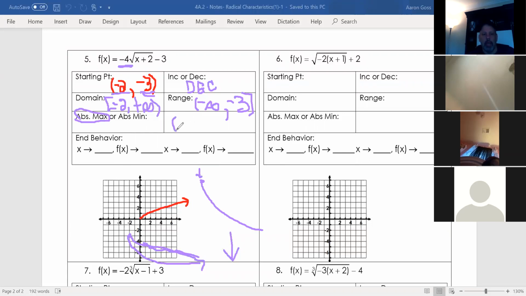I use that point again, -2, -3. So that's the absolute maximum, the top of the graph in purple. So I use that starting point in the domain, in the range, in the absolute maximum, and also in the end behavior. One of my end behaviors is this point.